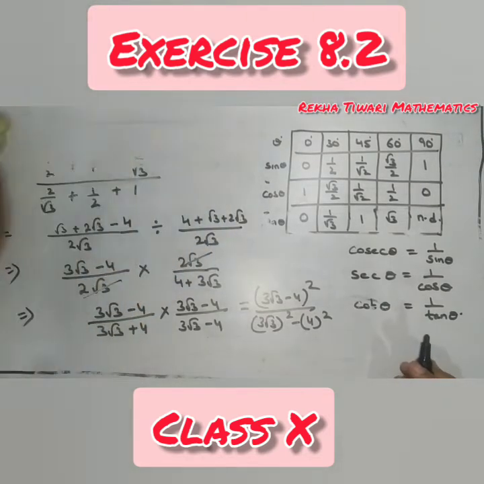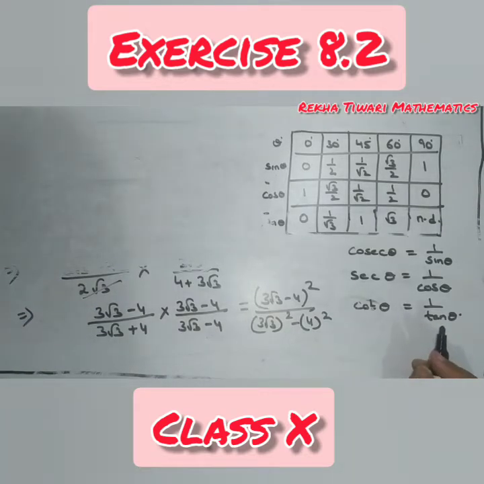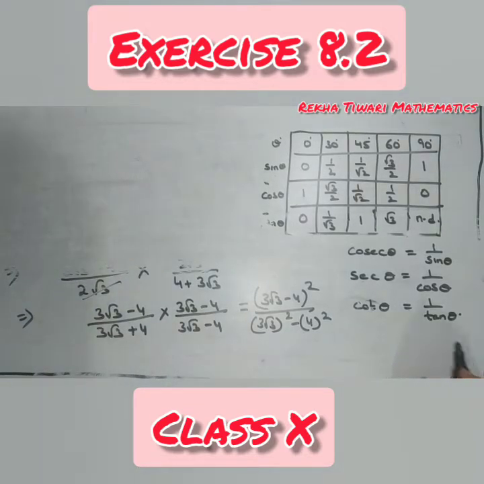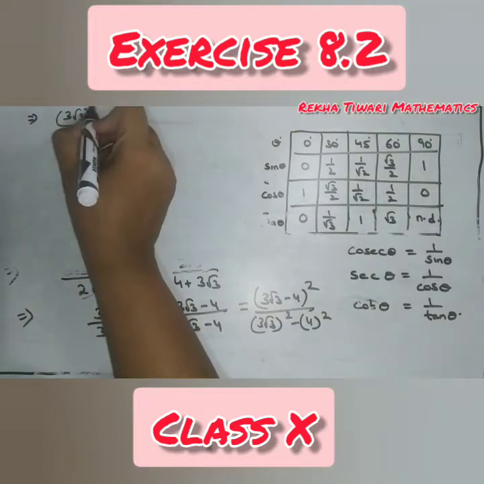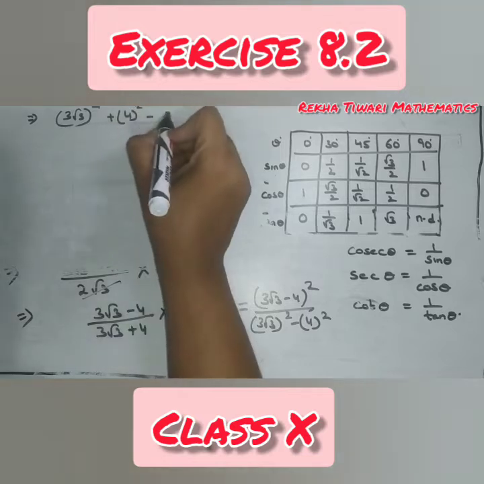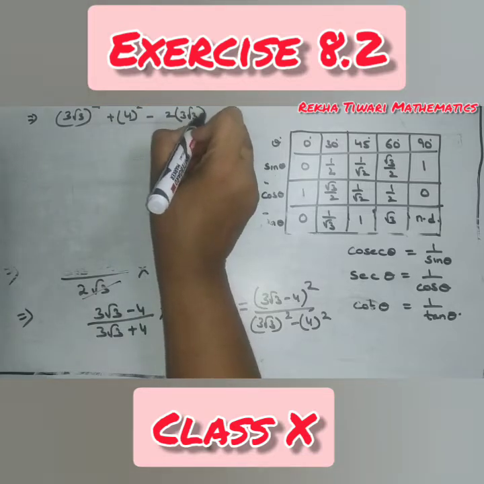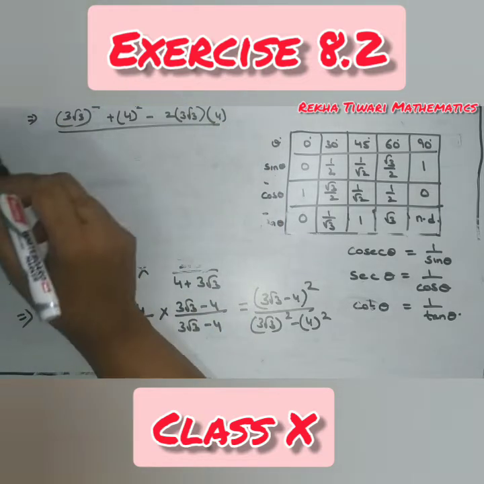So when you solve, you will get the answer. In the numerator, you have to do a minus b whole square, which is 3 root 3 square, a square plus b square minus 2 into 3 root 3 into 4, whole upon square of 3 root 3.